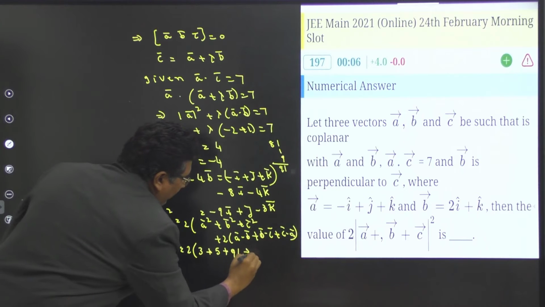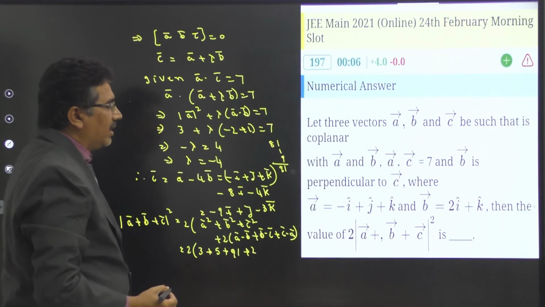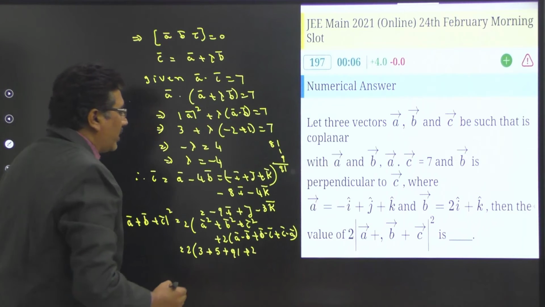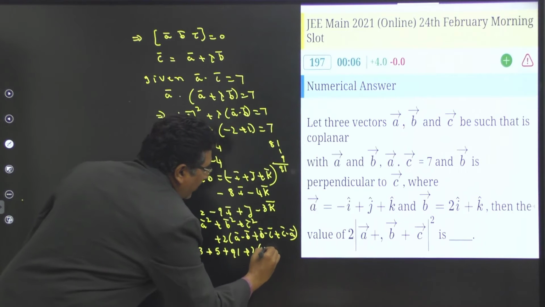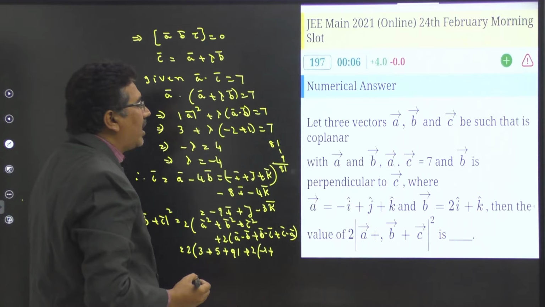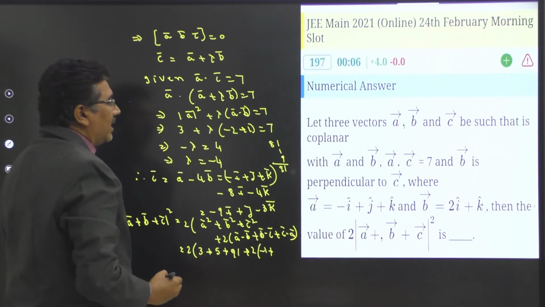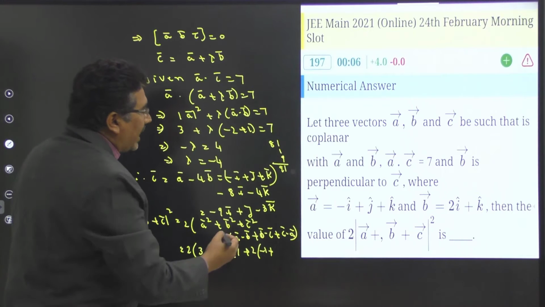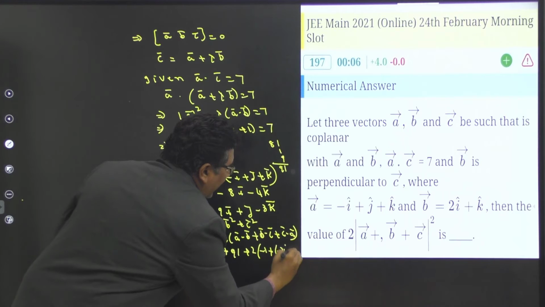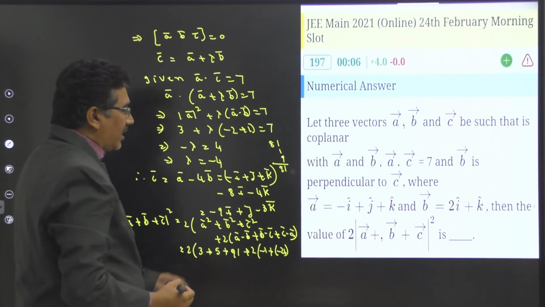Plus 2 times a bar dot b bar, and a bar dot b bar is equal to minus 1. What is b bar dot c bar? That is 2 into minus 9, minus 18, minus 3, that is minus 21. What is c bar dot a bar?